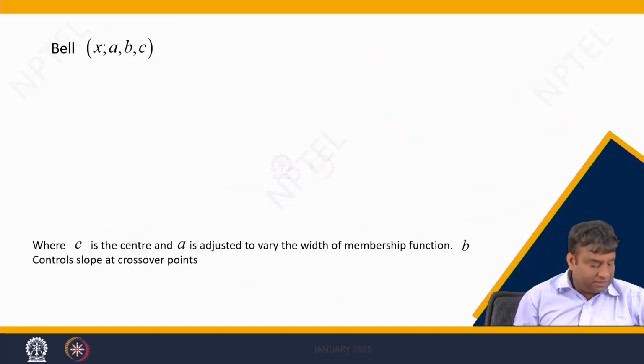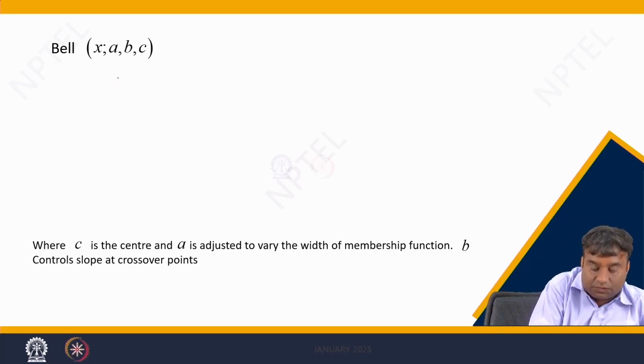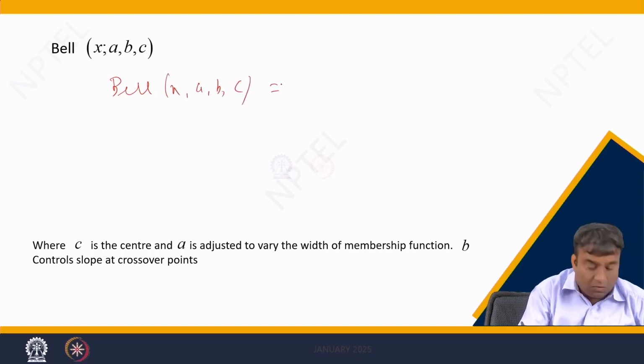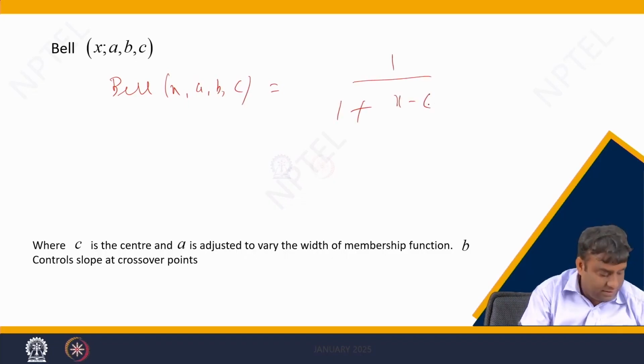Now next is the Bell function. The Bell function is Bell(x, a, b, c), which can be written as 1 by 1 plus (x minus c by a) to the power 2b. So its graph looks like this.